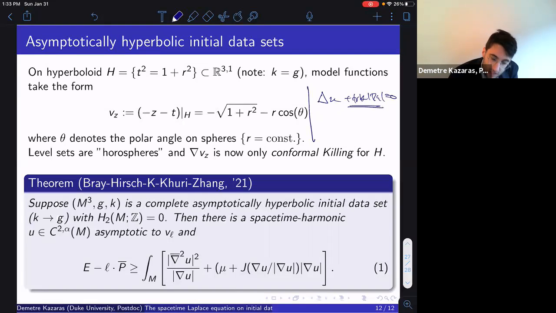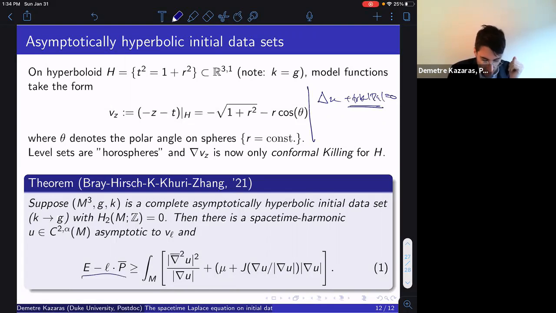But the nonlinear part of this equation, since the norm of the gradient of a function is nonlinear in the function, doesn't decay as you travel far away into the asymptotic region, because trace K, instead of converging to 0 like in the asymptotically flat case, now converges to 3. It makes the equation of a very different nature, especially in the context of the asymptotic condition.